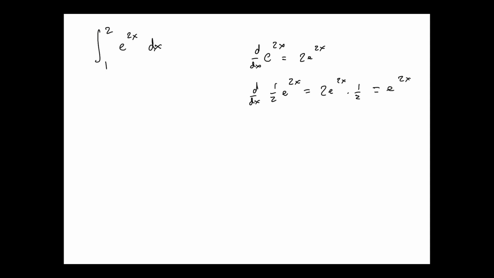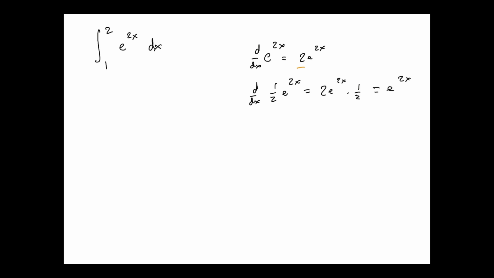Wow. Okay, so let's think about what we just did. What was the problem with 2x versus x? What's the derivative of 2x? 2, not 1. Okay, and so if we just naively guessed our antiderivative here, we were off by a factor of 2.